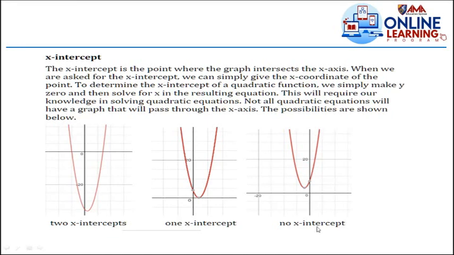Kasi pag titingnan po natin, hindi po dumaan yung parabola po natin doon sa x-axis. Kaya, no x-intercept. Okay? So that's the way how we're going to look for the x-intercept values. Dapat dumaan po siya sa x-axis natin. The same with your y-intercept.